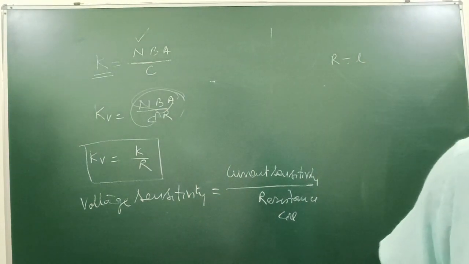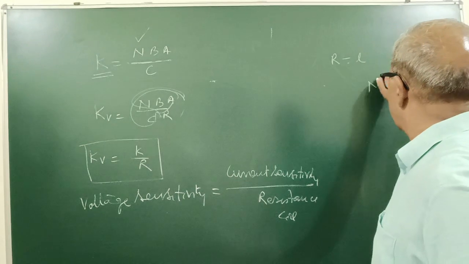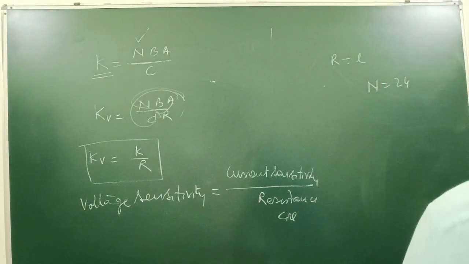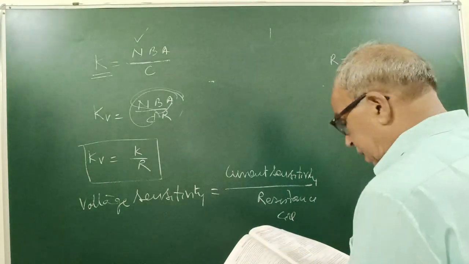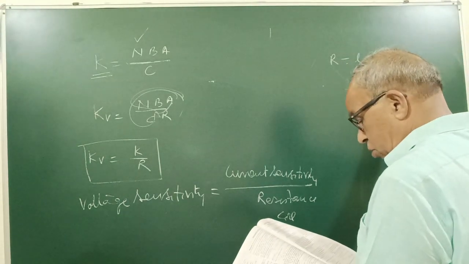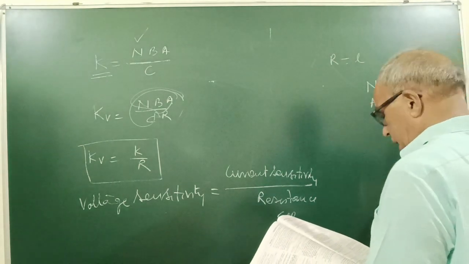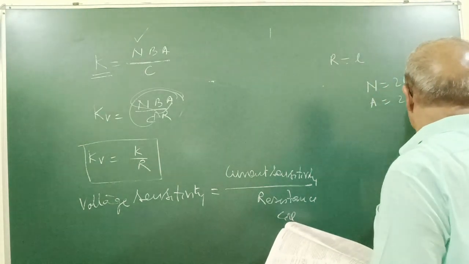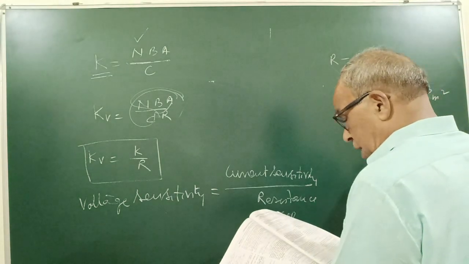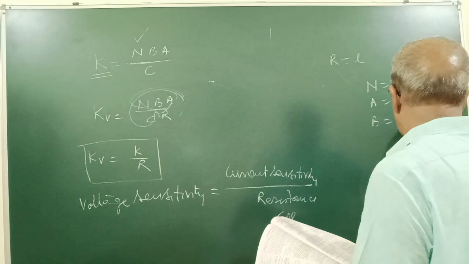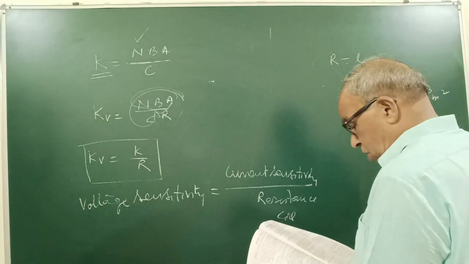Now here is a question with me. A moving coil galvanometer has N equal to 24 turns, area of coil A equal to 2 into 10 to the power minus 4 meter square, and B equal to 0.20 Tesla.